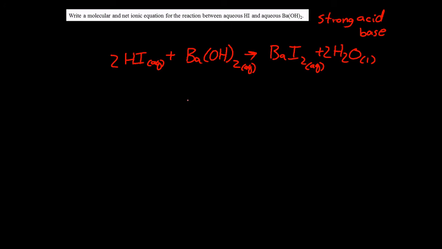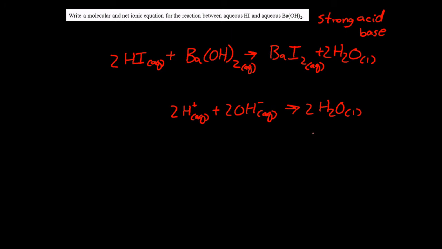And so then the net ionic equation for this would be 2H plus plus 2OH minus goes to 2 waters. And I do believe that it is still technically correct to keep the 2's in there.